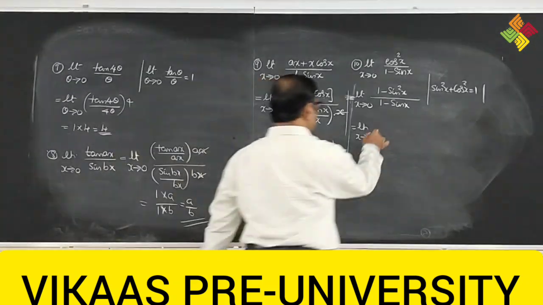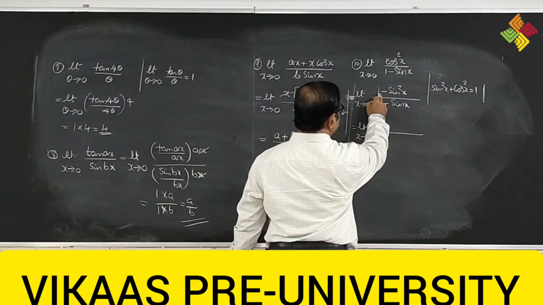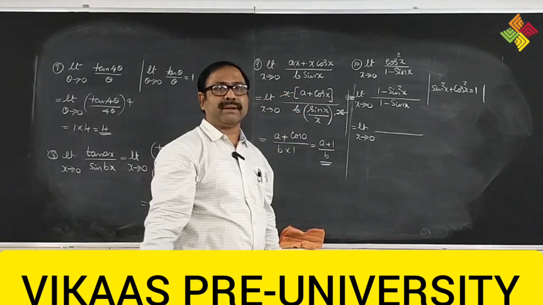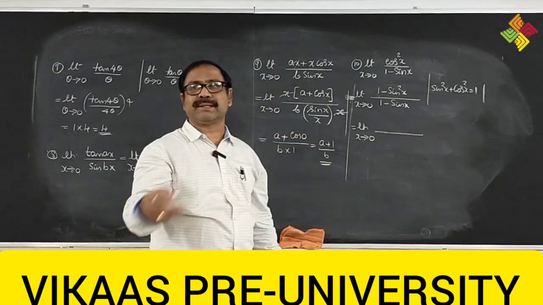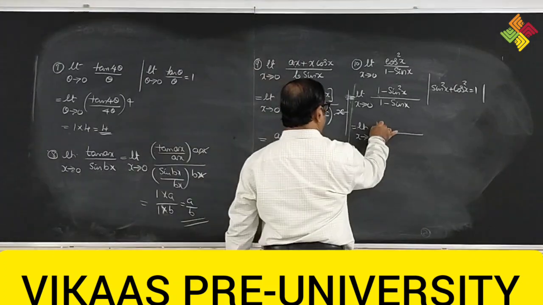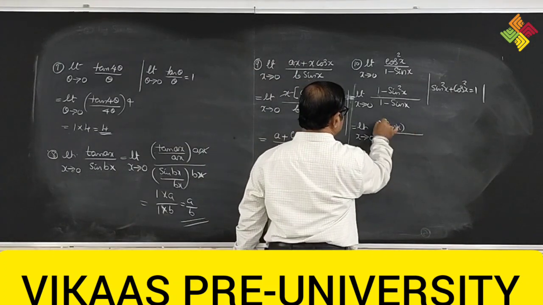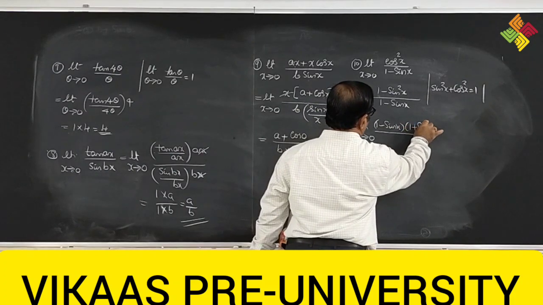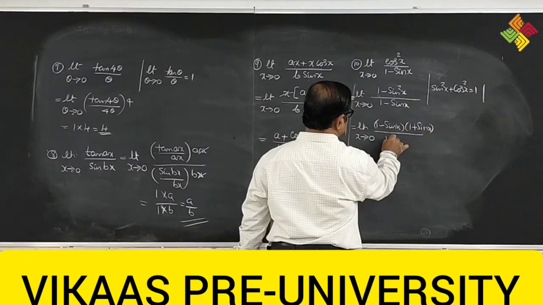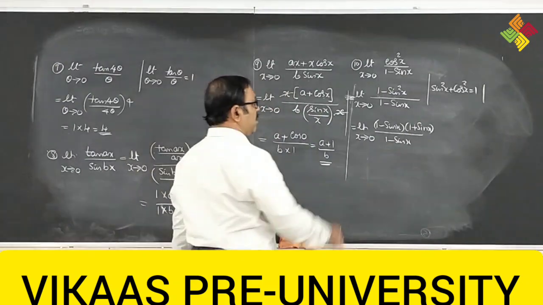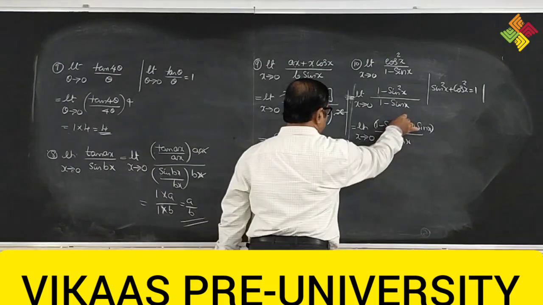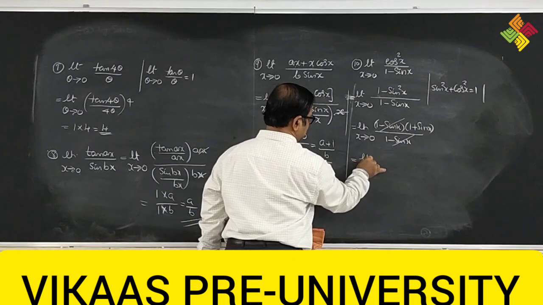This is a square minus b square, what is it? (a minus b) into (a plus b). Therefore, (1 minus sin x) into (1 plus sin x) divided by (1 minus sin x). Now 1 minus sin x cancels.